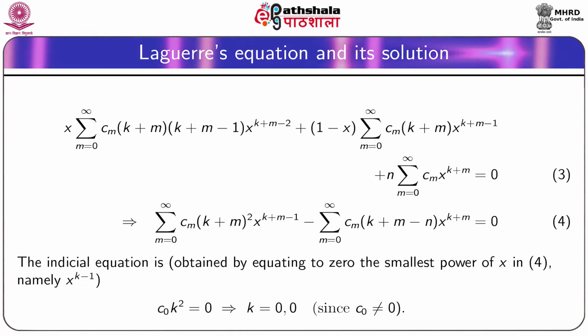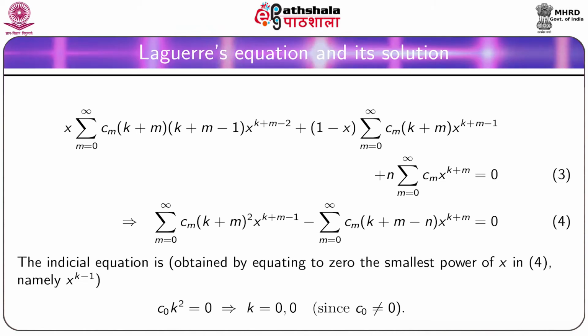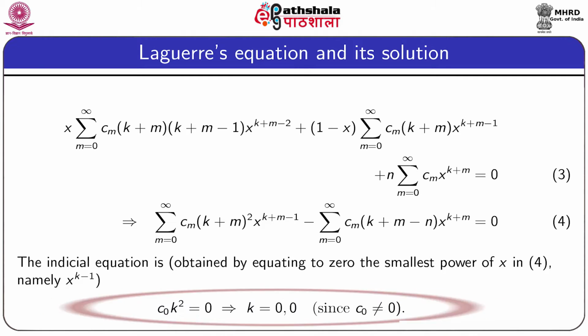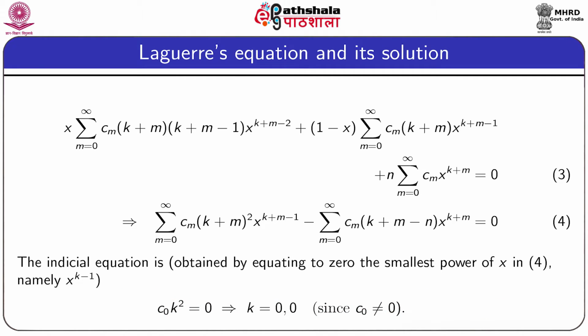The first one gives you C0 (k plus 0) whole square x to the power k minus 1, and the second one gives you something multiplied by x to the power k. Hence, when we equate to 0 the smallest power of x in 4, we get C0 into k square equal to 0, which means k has 0 as a repeated root.